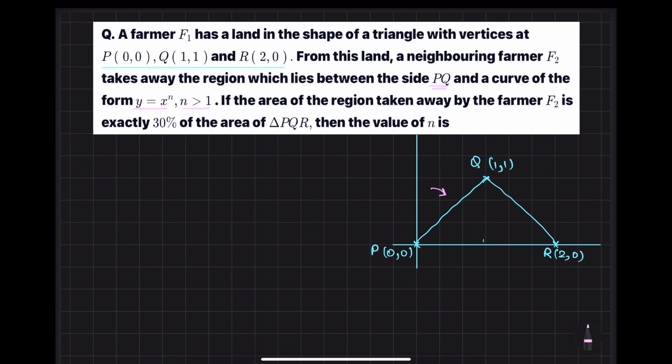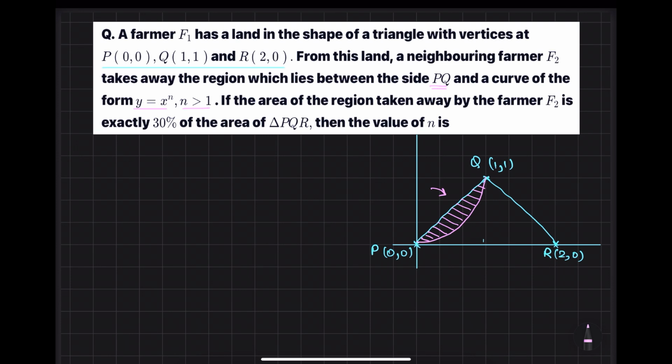The graph of x power n will go this way. This is x power n. Now, the farmer F2 has taken this area.